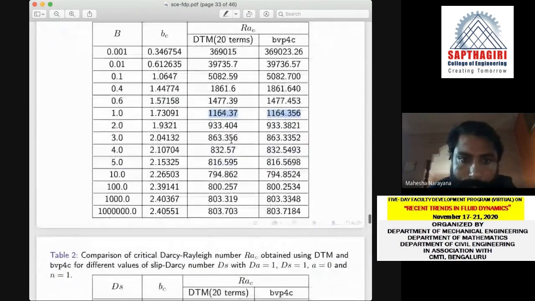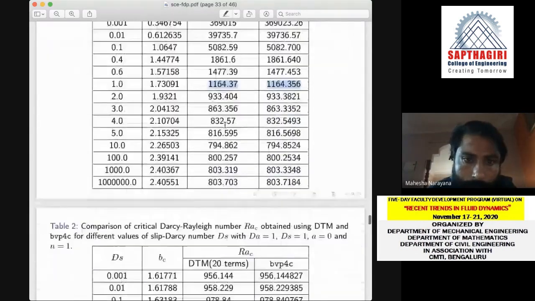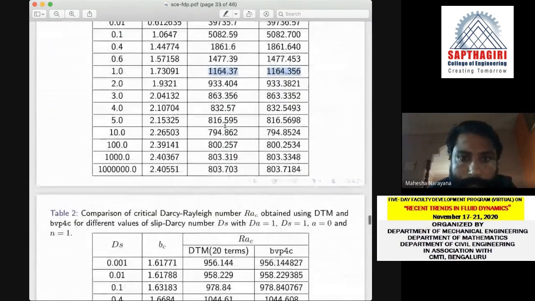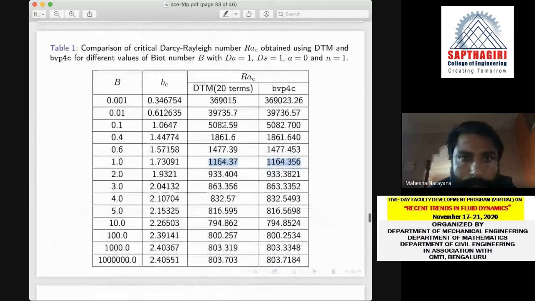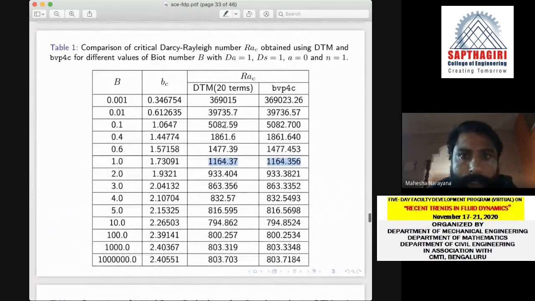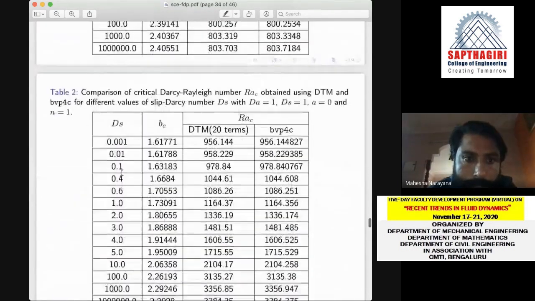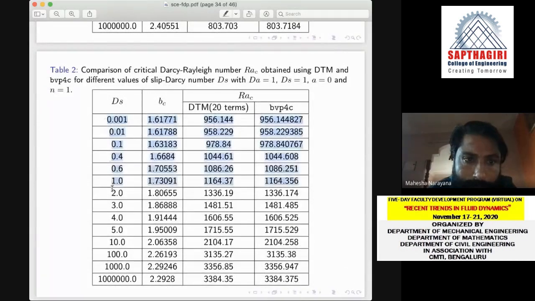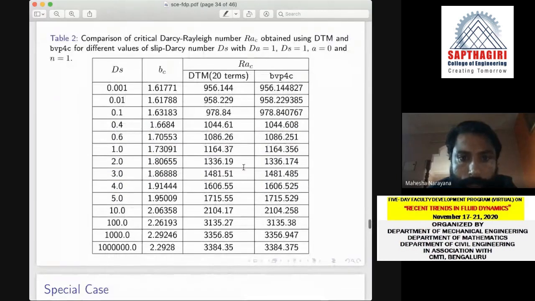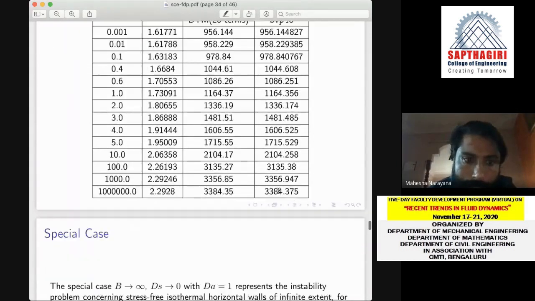Okay, so the present method is accurate enough to give our eigenvalue. That is shown for different values of Biot number, and this table shows the Rayleigh number for different values of Darcy number. All right, so even in this case, you see that the results are matching very nicely.